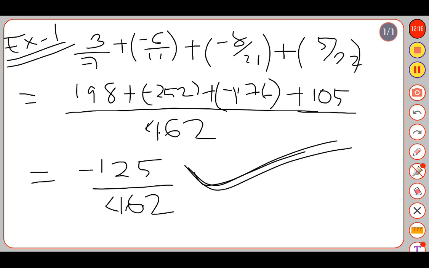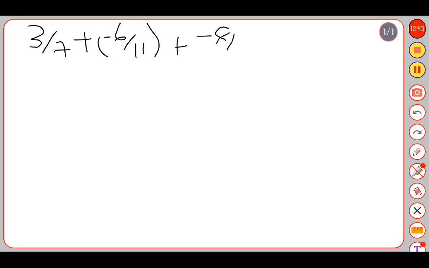So in order to do it easily, we can apply the properties, that is the commutative or associative property. So now we will try it using the properties. Again 3/7 plus (-6/11) plus (-8/21) plus 5/22.